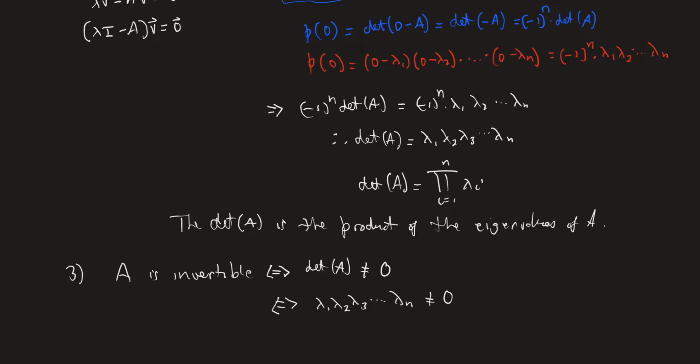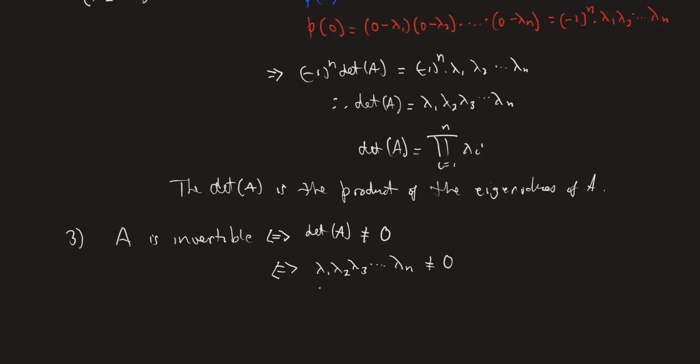So if you have a product of numbers that's not equal to 0, once you're working in what's called a field, then none of these factors could be 0. So this implies that lambda 1 can't be 0, and lambda 2 can't be 0, and dot dot dot lambda n can't be 0.